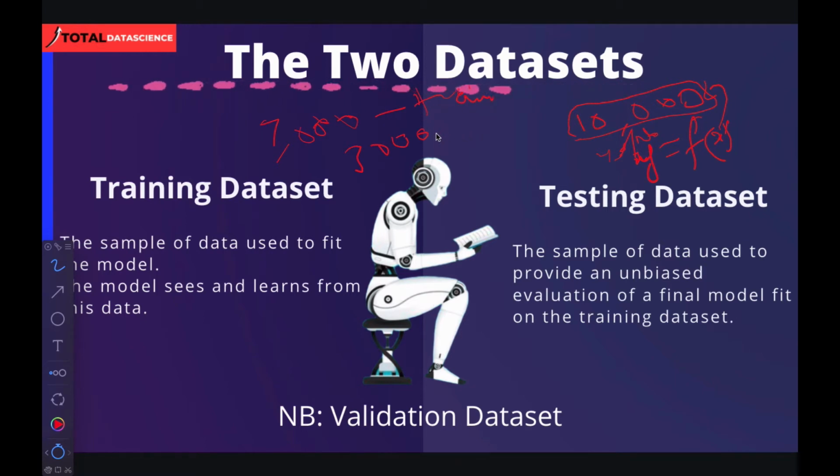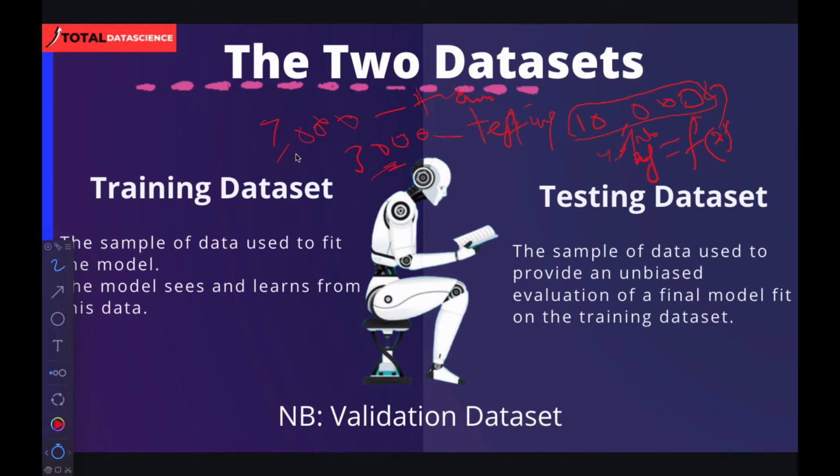We use 7,000 to train our algorithm, then 3,000 to test how well it is doing. When training, you might not have access to new customer data to test it, so you reserve some of your data for testing.